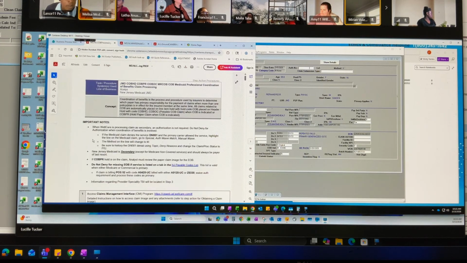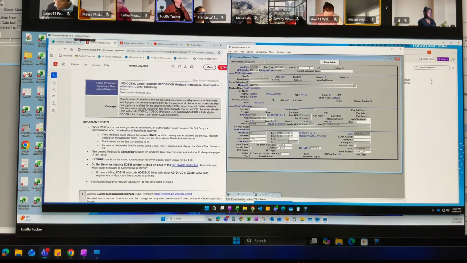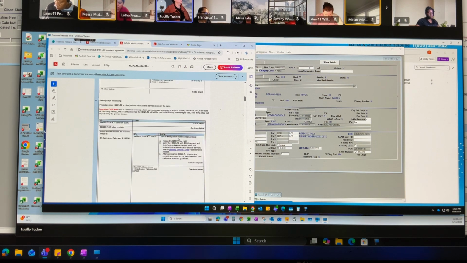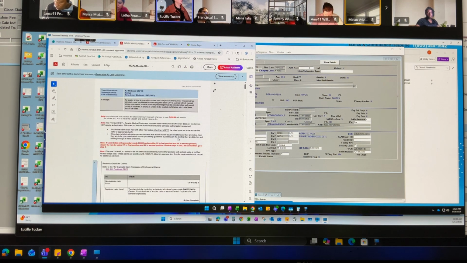Okay, so remember that when you have COB, auth is waived if we are paying secondary, okay? So I know that can get confusing when you have the MNFEE, because the first thing the MNFEE tells you to do is look for authorization.